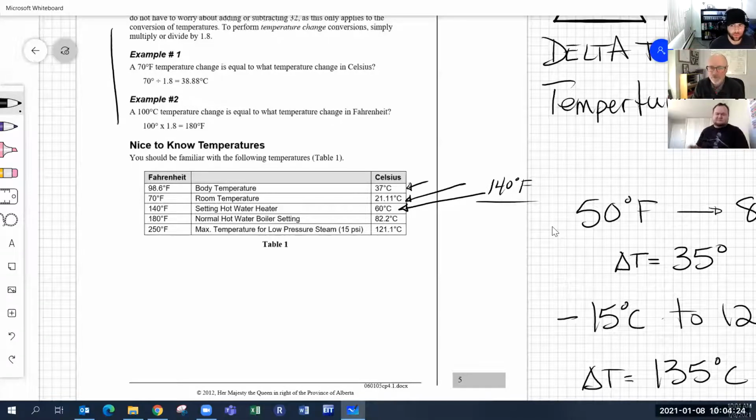One of them is we don't really want to increase that by too much because you can scald people, right? So now it is by code that any shower valve or combination tub shower valve has to have some kind of positive temperature setting, or posi-temp, or anti-scald device put in there so we don't scald people.